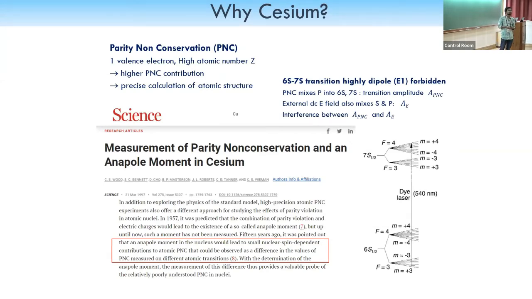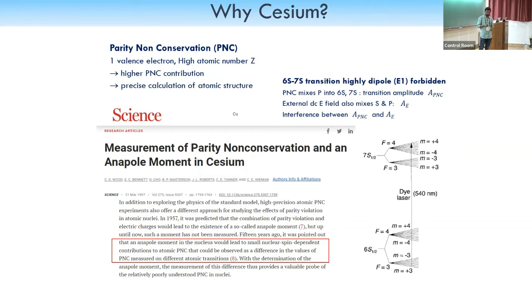We can study the parity non-conservation experiment in atomic systems, and cesium is a good candidate for studying this kind of experiment. The reason is cesium has a very high atomic number Z, and the parity non-conservation sensitivity scales with Z. If we have high Z, then the sensitivity is higher.